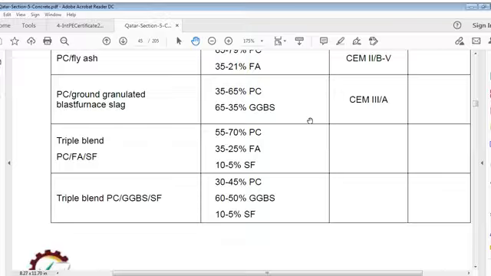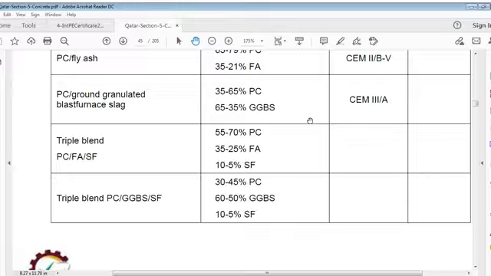So here we have 55% Portland cement, 35% fly ash and 10% silica fume, so 55 plus 35 plus 10 is 100. Or use 70% Portland cement, 25% fly ash and 5% silica fume: 70 plus 25 is 95, and 5 makes 100.